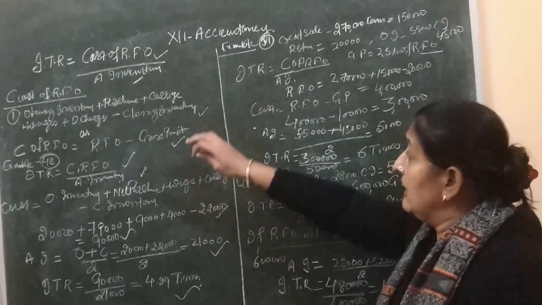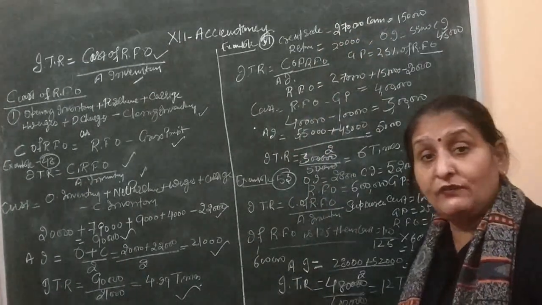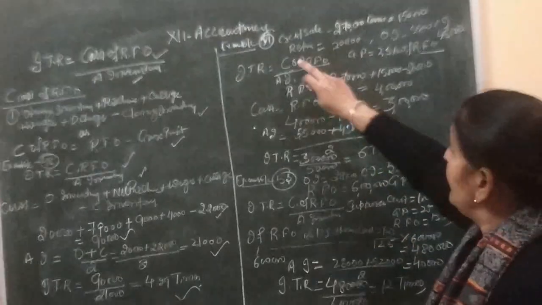So that was the inventory turnover ratio, and here is some more examples of it. Example number 51.